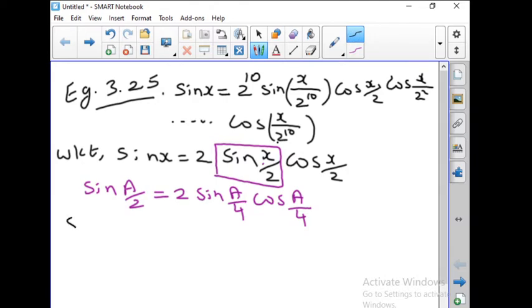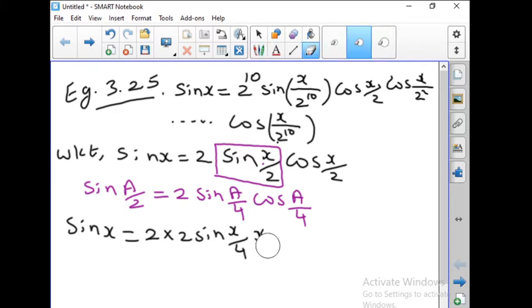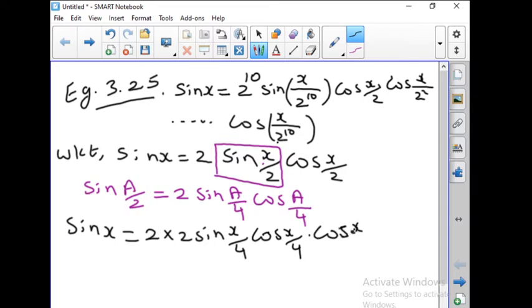Okay, so continuing like this, we get sin x is equal to 2 into, so sin (x by 2) is 2 sin (x by 4) into cos (x by 4), into this cos (x by 2). Is it clear? So we are writing only for sin (x by 2). So how will you modify this?